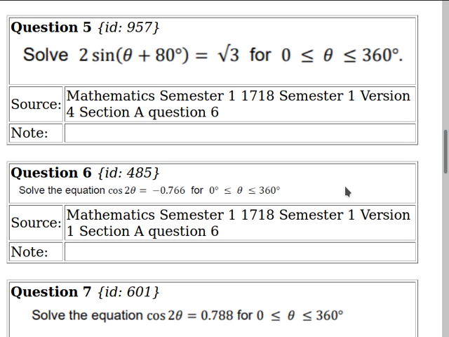Minus 0.766 is radians. It's radians in the start, and then we need to switch to... No, just do degrees from the start. Only 2 answers.